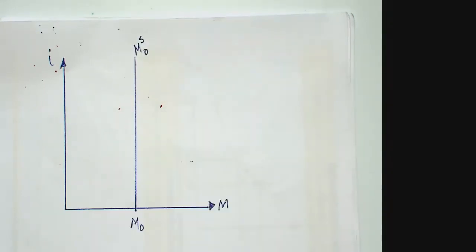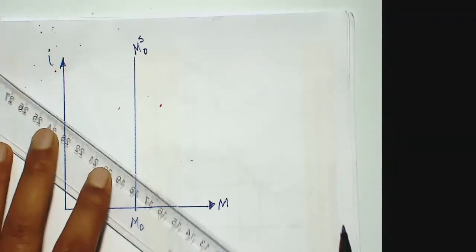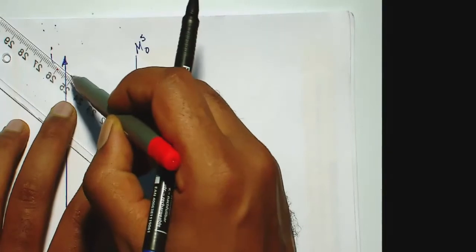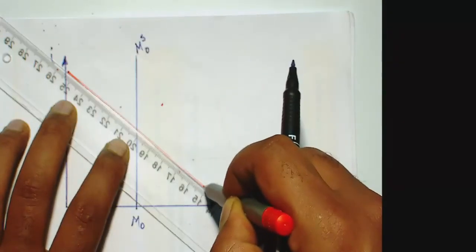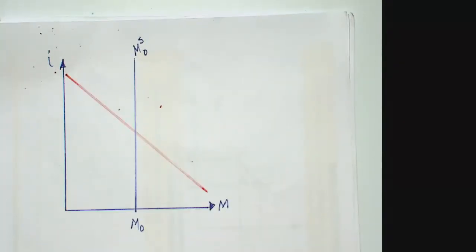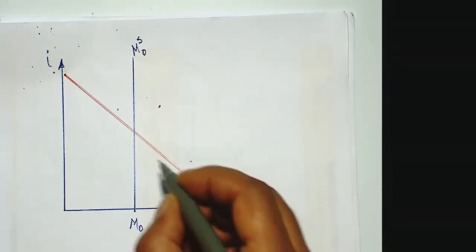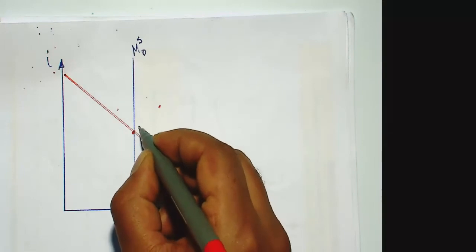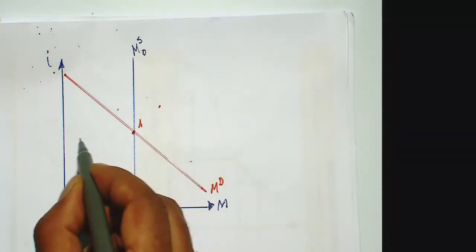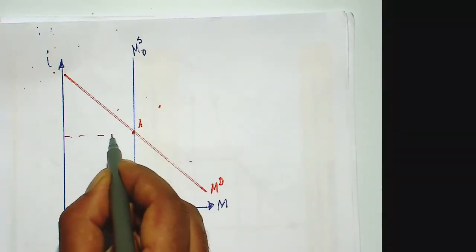Our initial money supply is indicated as MS0, and we have a money demand which is indicated as MD.